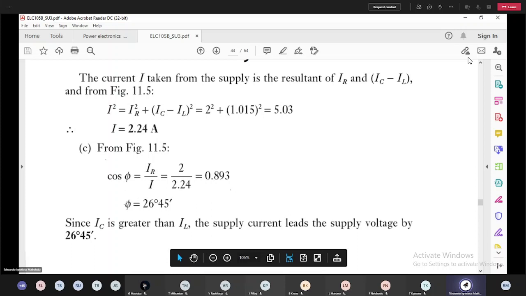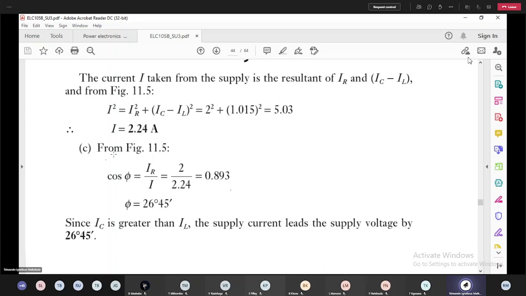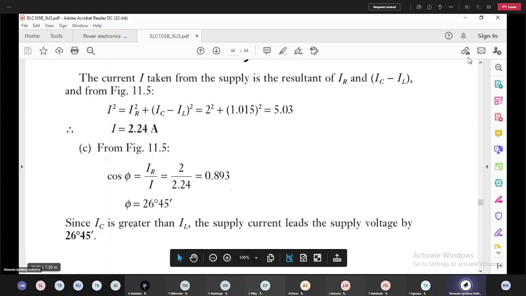So we know that since IC is greater than IL, the supply current leads the supply voltage by that angle there. So the angle that you would have found here is the angle with which your resultant current now, and when I'm saying resultant current here, I'm speaking about the total current in the circuit that comes from the supply voltage, would be leading that voltage by that particular angle which you would have found here.